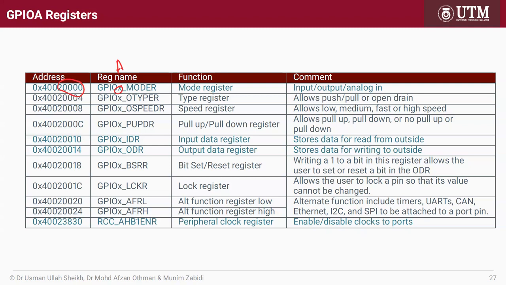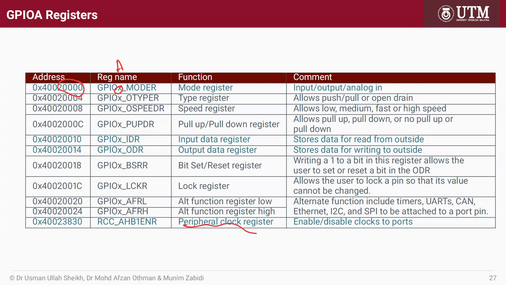So this is all for port A, and then we have another register to enable the ports. If you don't use this peripheral register, the GPIO is disabled. So the green ones are the minimum registers that you have to know for your final.